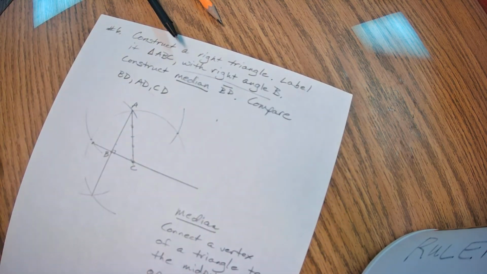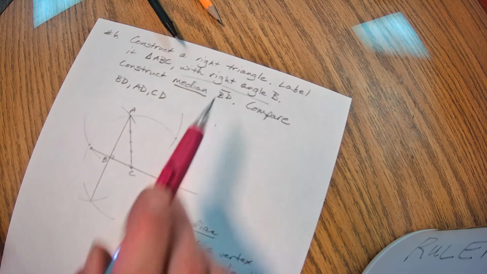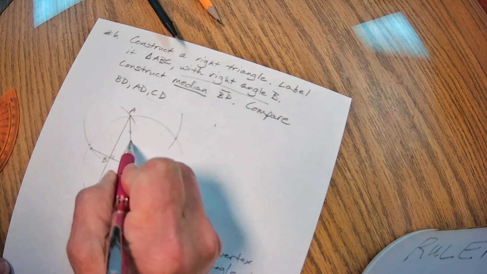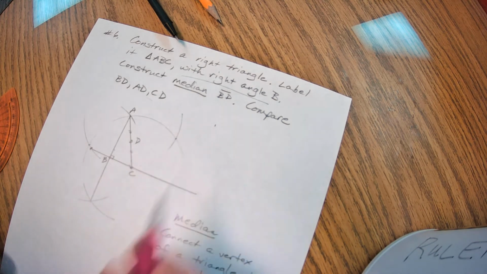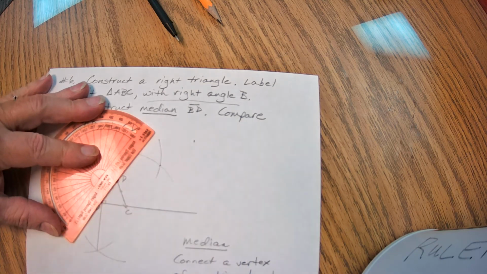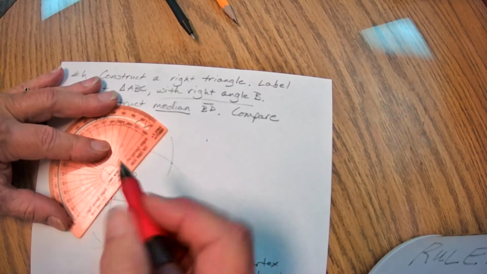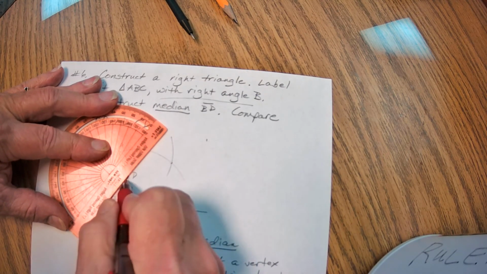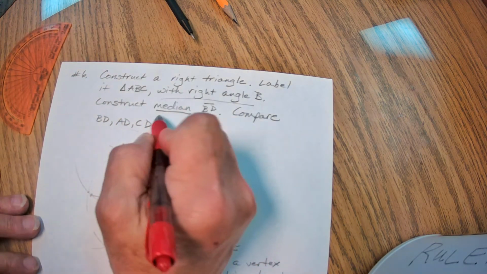And now if I want the median, remember I'm looking for the median. I just need to connect, oh wait, let's label that D because that's the middle of the other side. And I need to draw that. I'm going to do that with a different color. So that's the median.